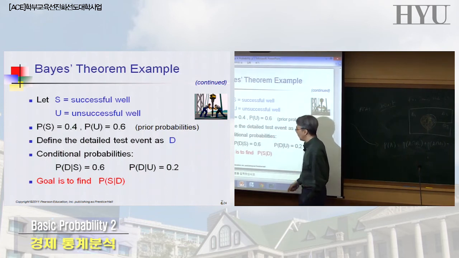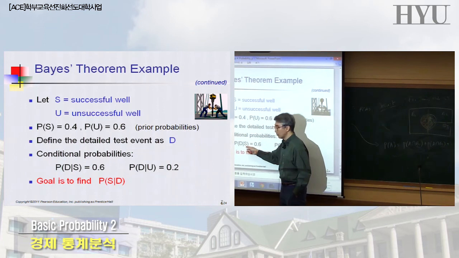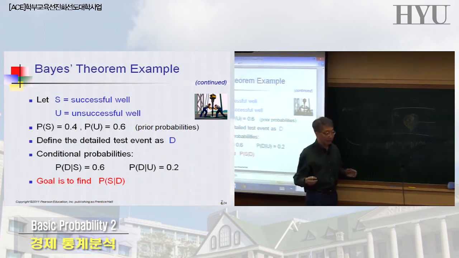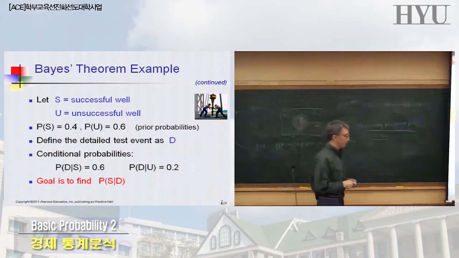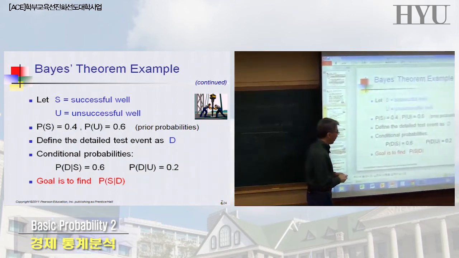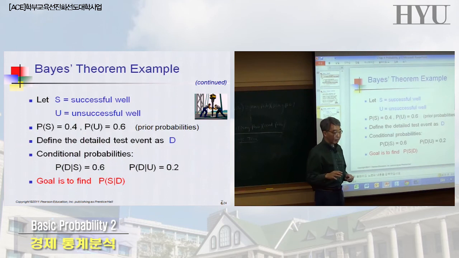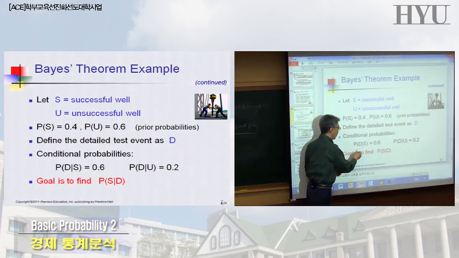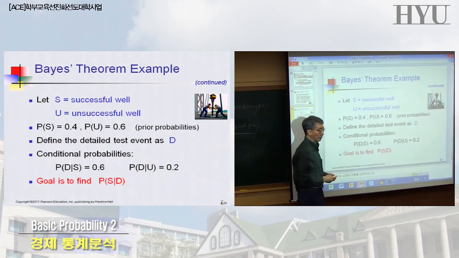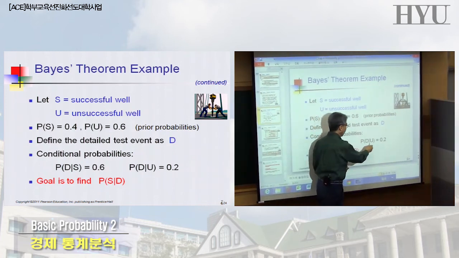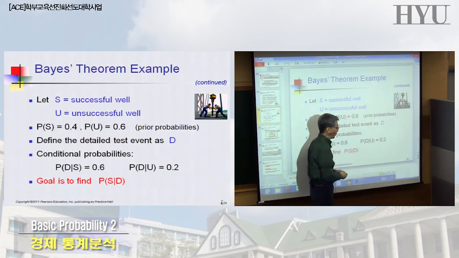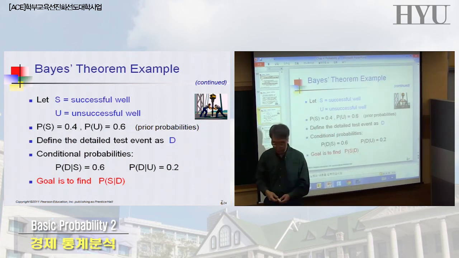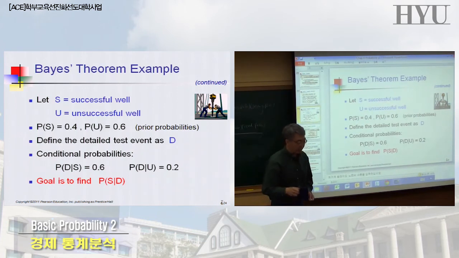Given that the well was successful, based on past data, we know that among the wells that were found to be successful, 60% of those tested positive. And among the wells that were unsuccessful, only 20% tested positive. So make sure you understand the structure of this setup.